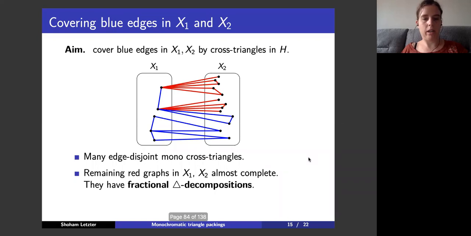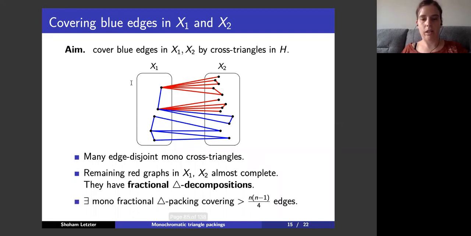And so I claim that they can be fractionally decomposed into triangles, meaning that there is a fractional triangle packing that covers all the remaining red edges. And then you do a calculation and you find that there is a packing in H that covers too many edges, which is a contradiction to what we assumed in H. We assume that it has packing number at most distinct.